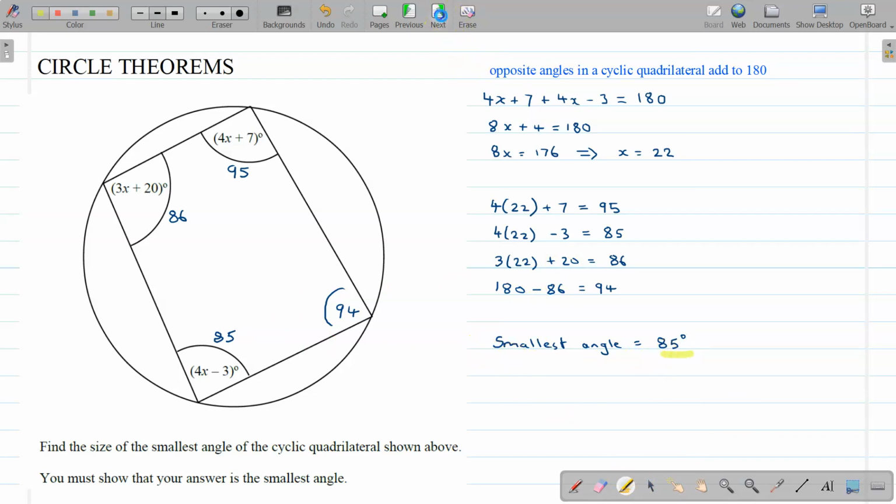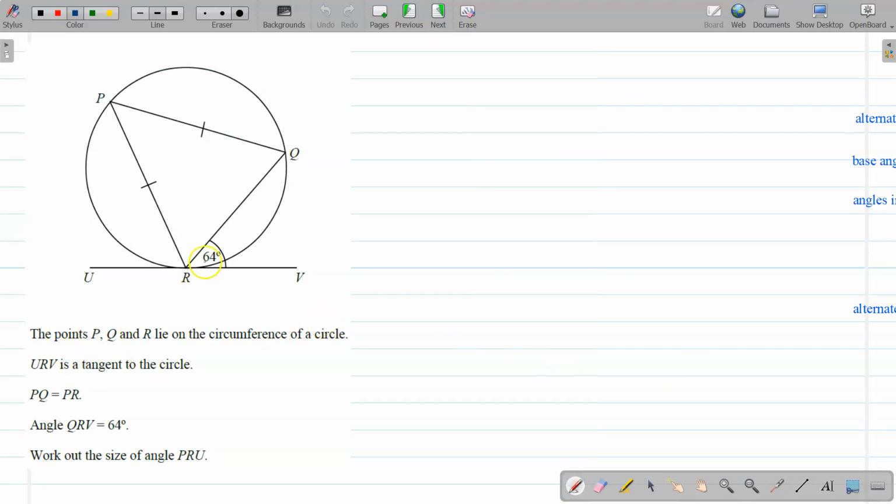Next question. Now this one involves an isosceles triangle inside a circle, and we have an angle of 64. What we've got to find is the angle PRU, which is this one here. Now we need to find other angles on the way. This is what I would do here. I would notice first of all that this angle is 64 as well, and that's because of the alternate segment theorem.